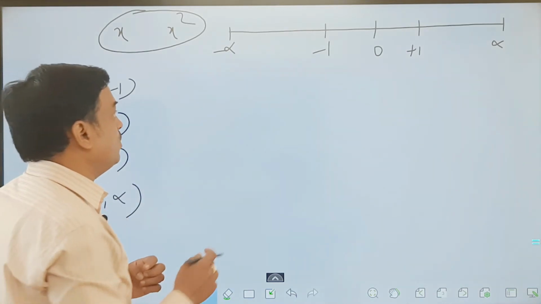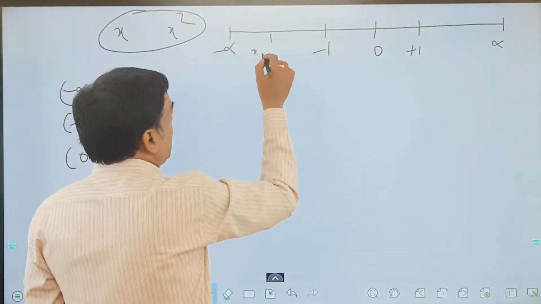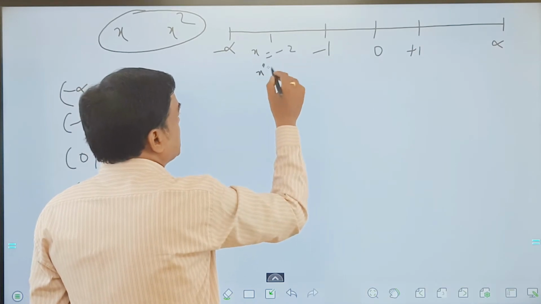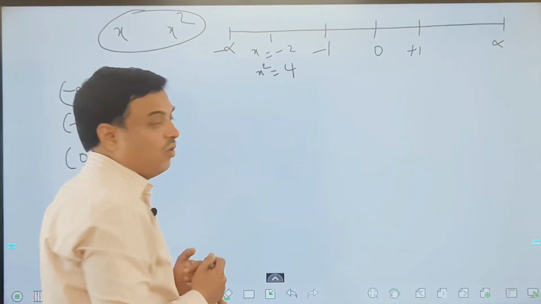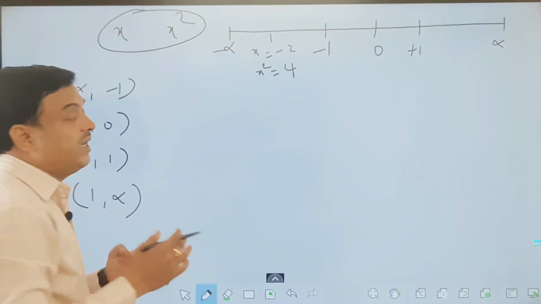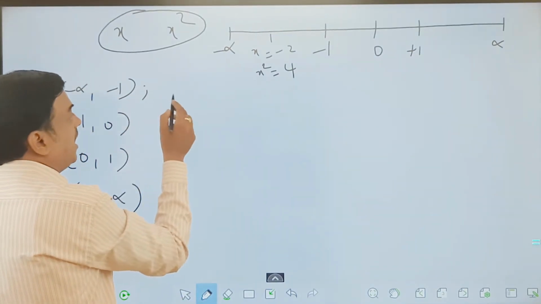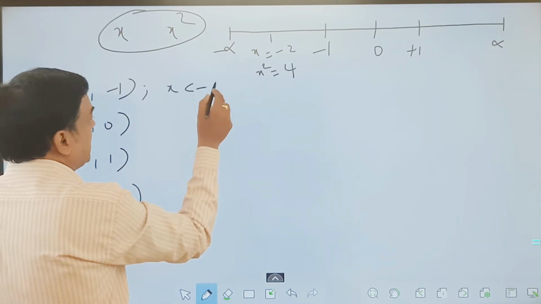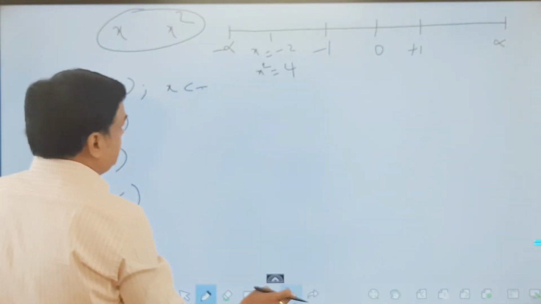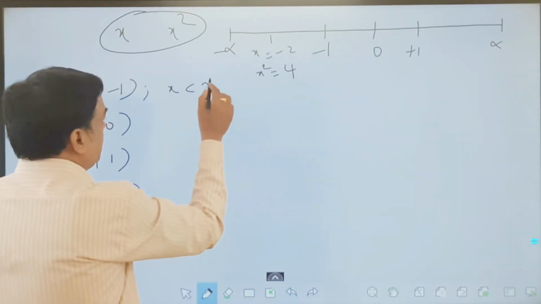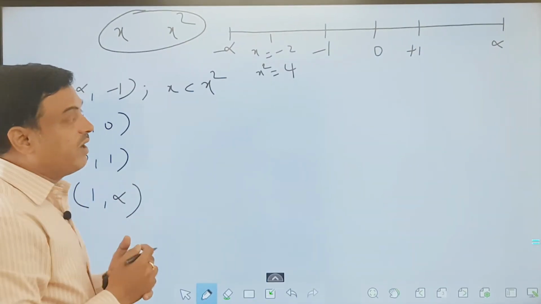Now compare the values. Suppose I take any value as x here, like minus 2, what is x square then? It will be 4. So I can find x square is greater than x. So in this range, what I find is that the value of x is less than x square.